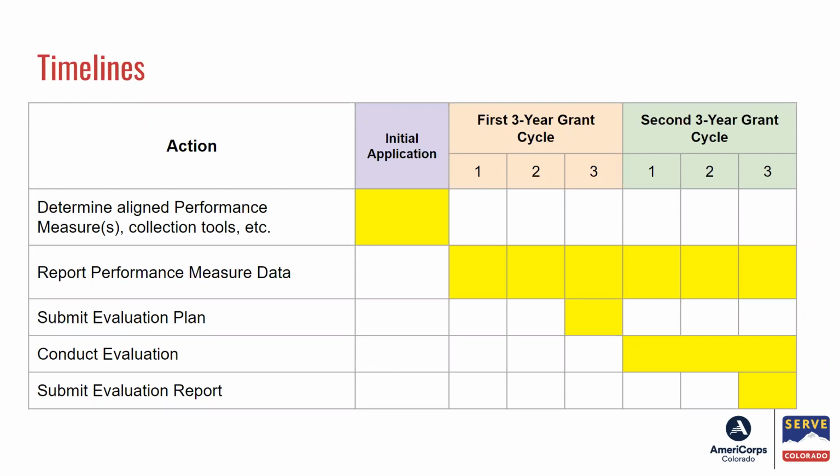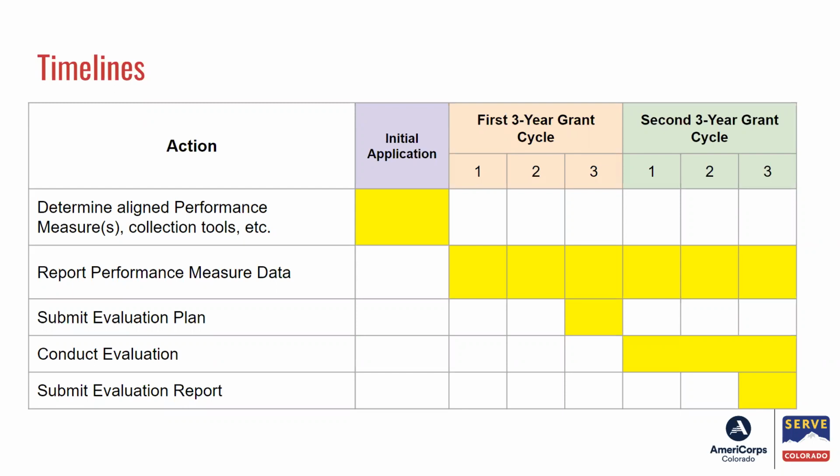An aligned performance measure refers to an output matched with an outcome. And the various rules on how you can match outputs with outcomes is outlined in the performance measure instructions. So there's a lot of detail there about when you can choose your own applicant-determined measures versus national measures and how you can pair them. So there's a real wealth of information within that application or performance measure instructions.